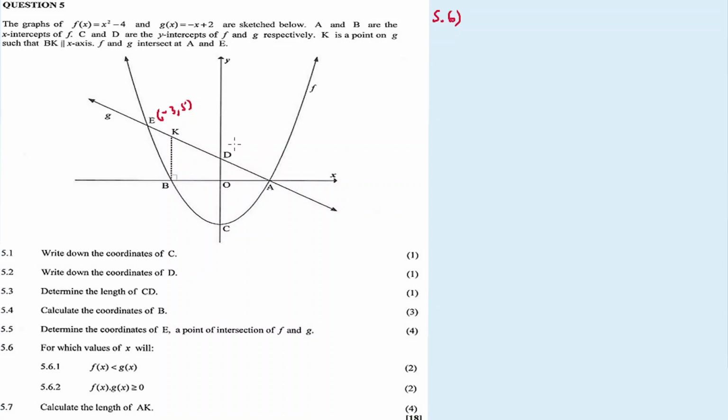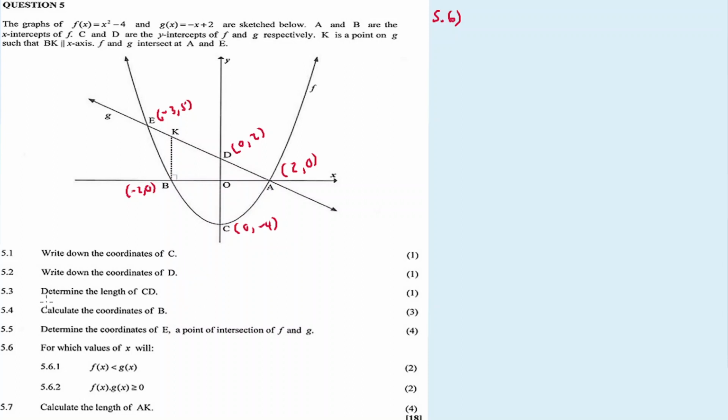D is (0, 2), and then C is (0, minus...). A is (2, 0), B is (minus 2, 0).